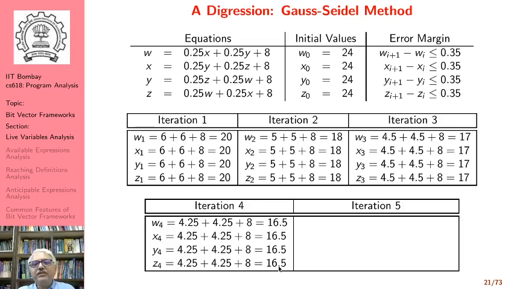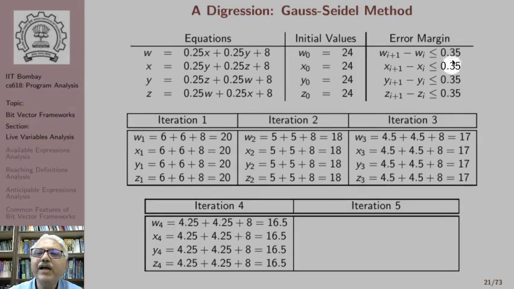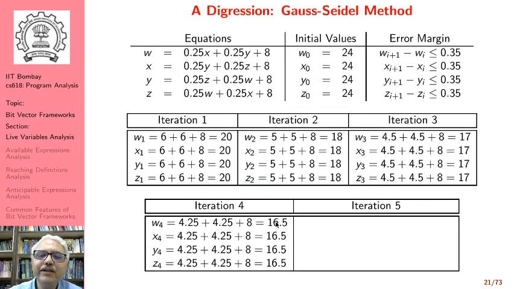Observe that progressively we are reaching closer to the answer, but the difference of the values between iteration 3 and iteration 4 is still 0.5, which is larger than 0.35. So therefore we need to iterate once again.